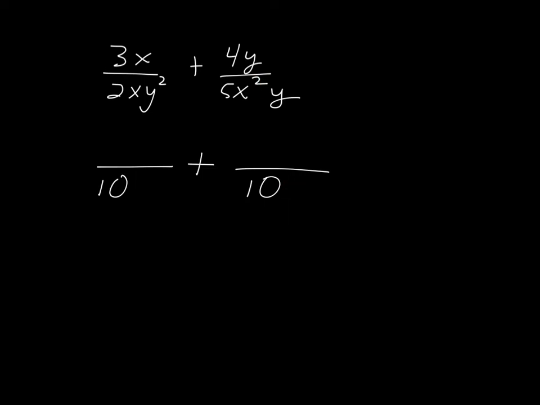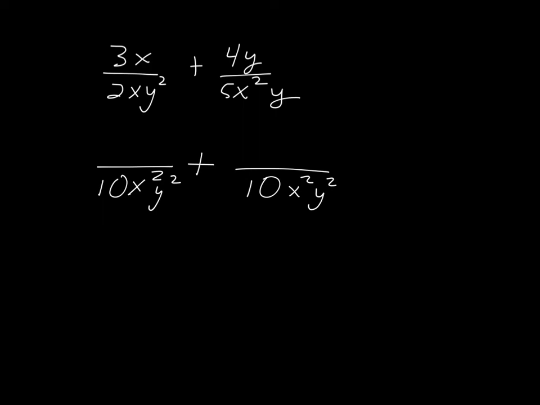So we need to have x squared as our part of the common denominator for the x's, and then, just like the x's, we're also going to need y squared. By making this the common denominator, it's allowing me to turn this into this, and this can get turned into this.